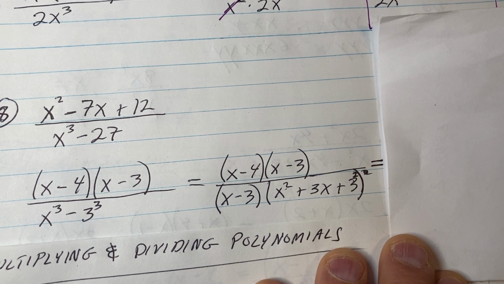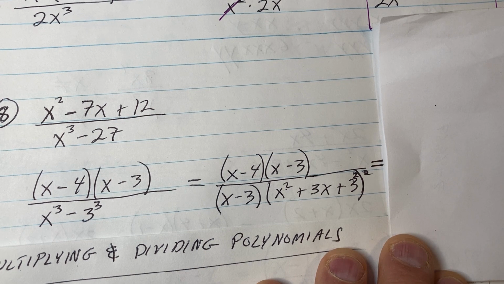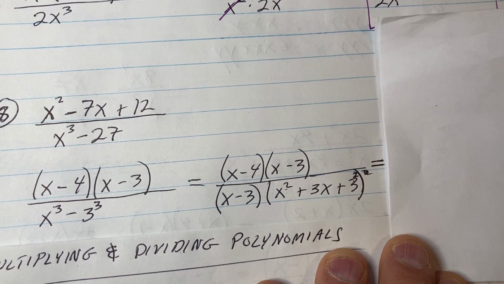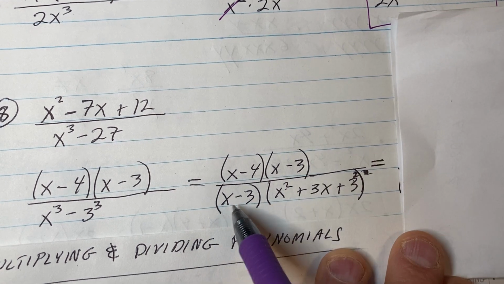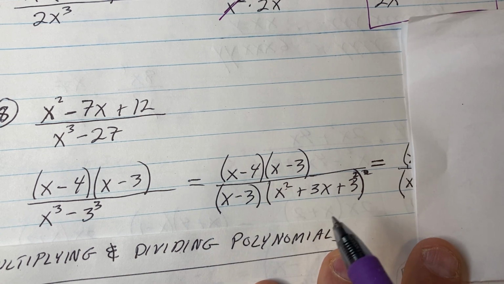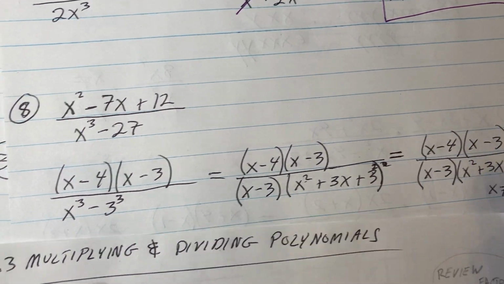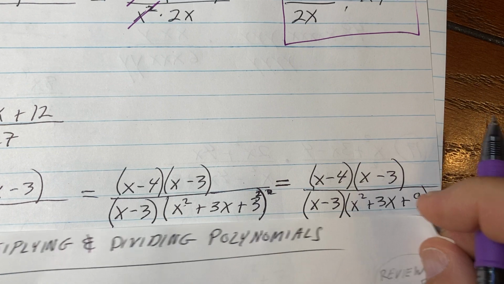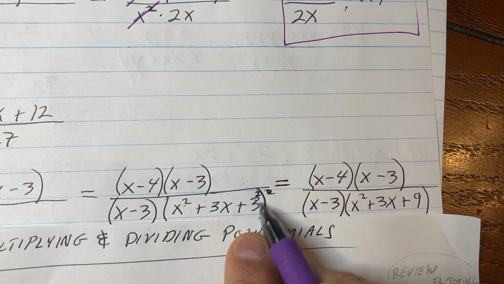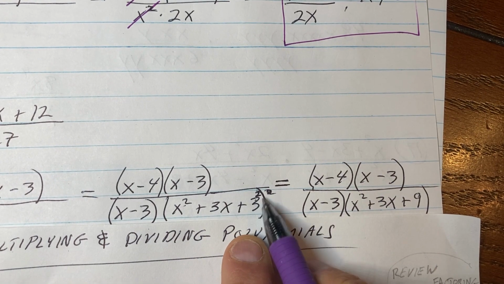Next, can you divide out common factors? Is there anything common in both of those? Yes, right here: x minus 3 on top, and the exact same thing, x minus 3 in the bottom. This is 3 squared, by the way, which is 9.